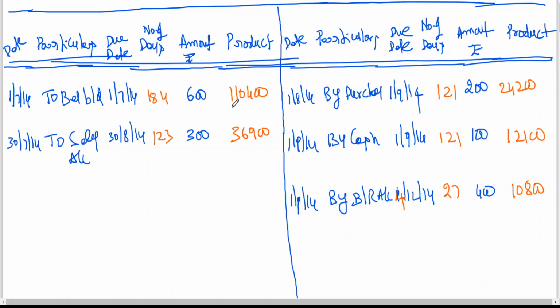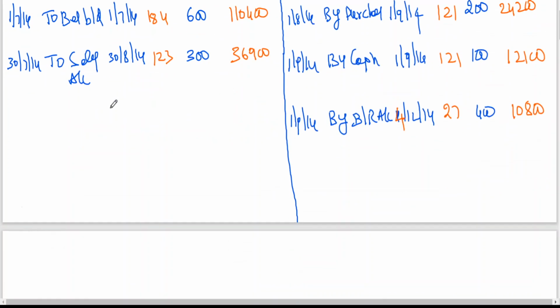If you look at it, the debit side is showing more product. The total of the debit side product is 1,10,400 plus 36,900, which is 1,47,300.